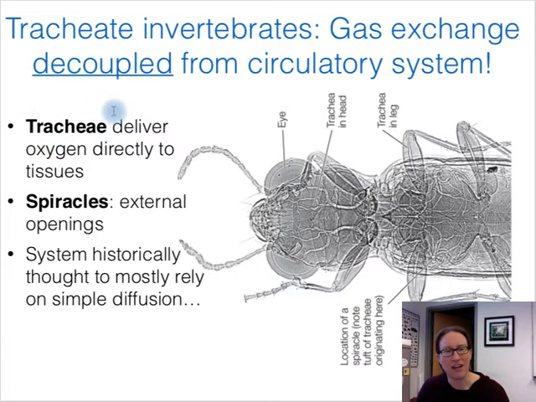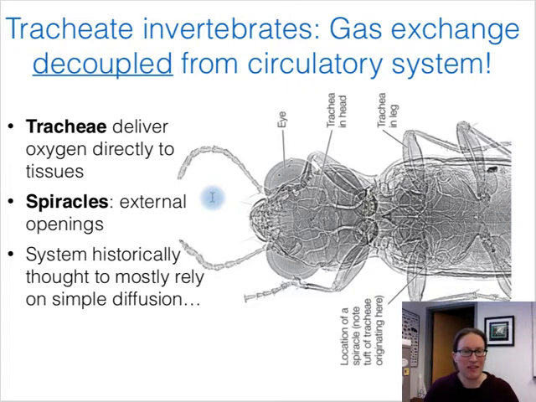And then these are connected to the outside world through some small openings called spiracles. These guys are not limited to having a single breathing hole in the way that we are. They have spiracles that can be positioned all over their bodies. So, when they take a breath, that can be opening a lot of different structures simultaneously.